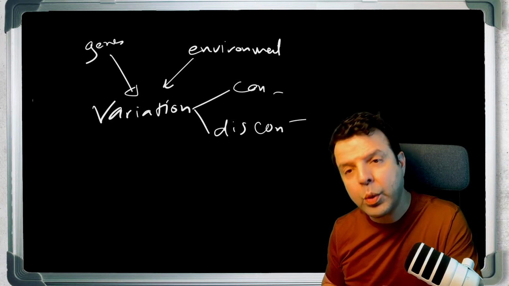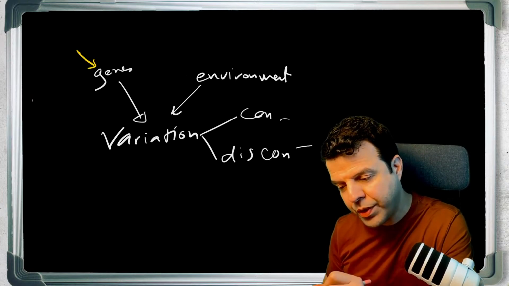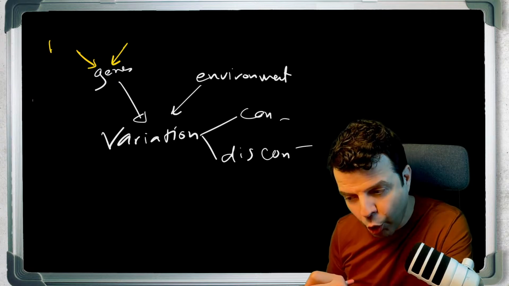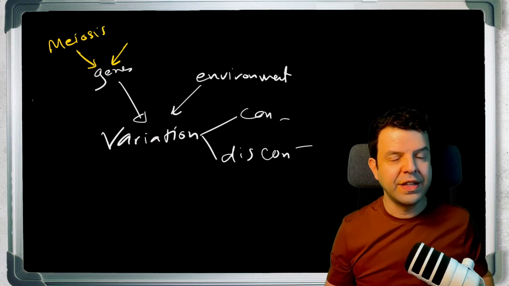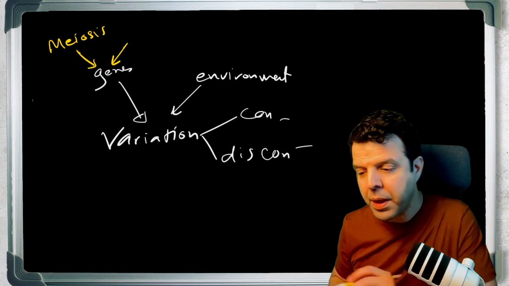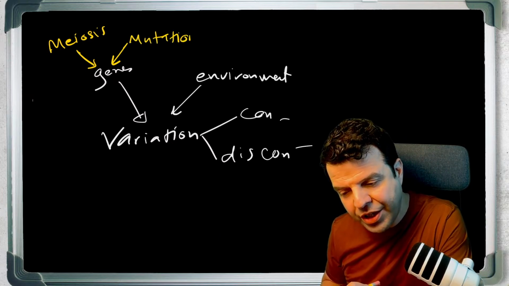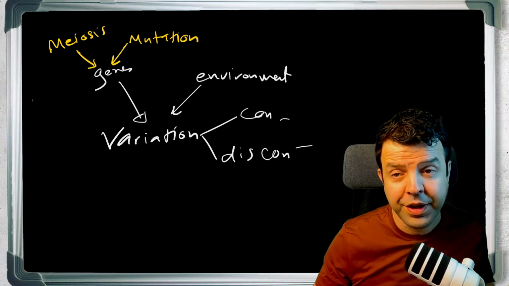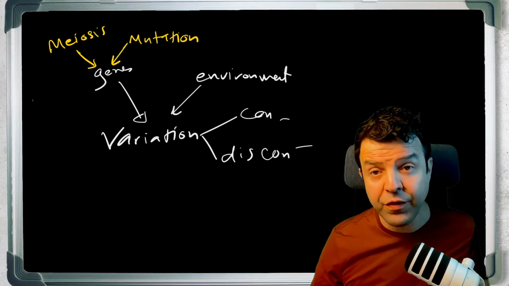And we said from the genes, we have two factors that will influence this. One is meiosis. Meiosis just shuffles the genes of individuals. It doesn't give you anything new. But there's also mutations. Mutations, we said they're harmful, but in some cases they give rise to some unique features.